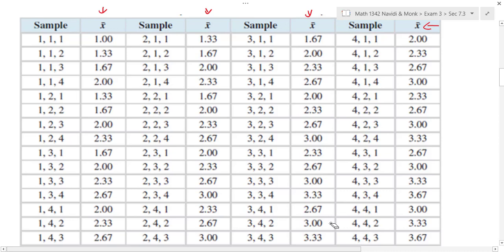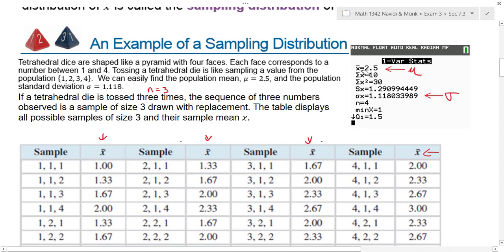This would be considered a sampling distribution of size 3 because I've got 3 dice, and then the average that I roll would be these numbers here. If I average all of these numbers for the mean, guess what I get? I get 2.5, which means that the mean of the sampling distribution is equal to the mean of the population.